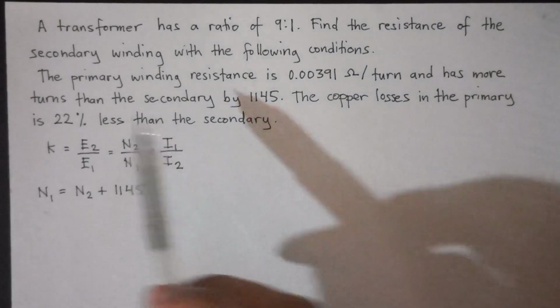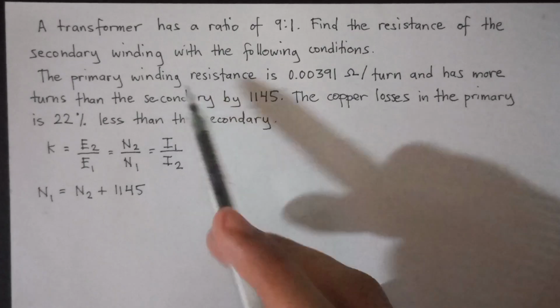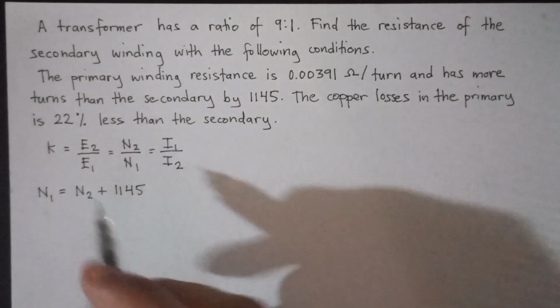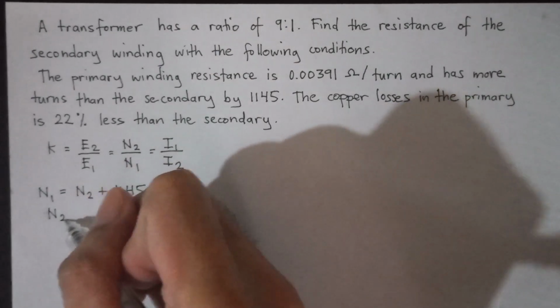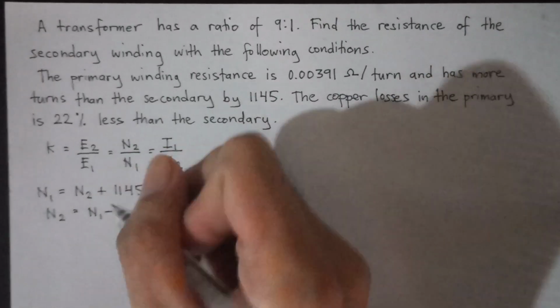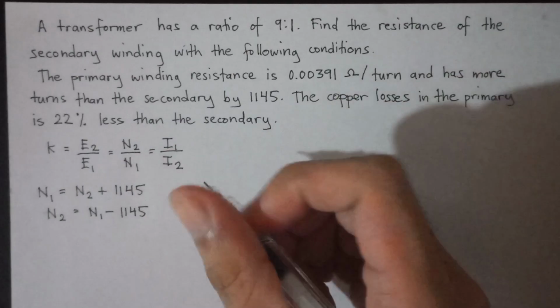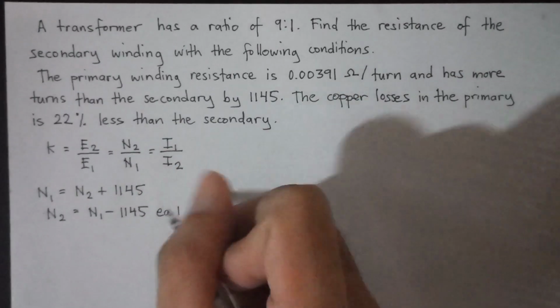So first, we are solving for the total resistance in the primary winding. So we need to express this in terms of n sub 2. So that is n sub 2 is equal to n sub 1 minus 1145. Let's say that is our equation 1.